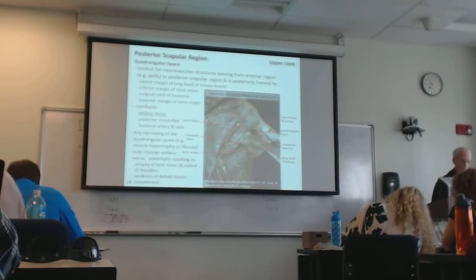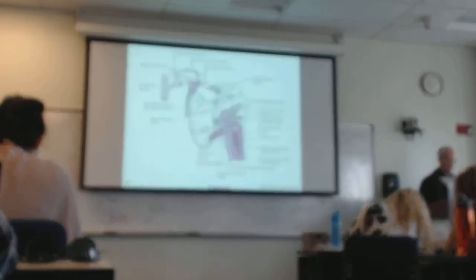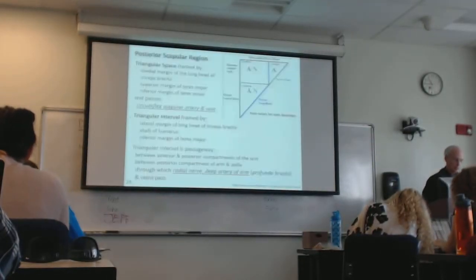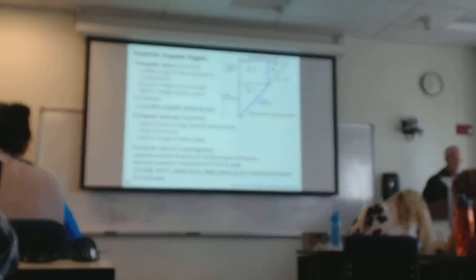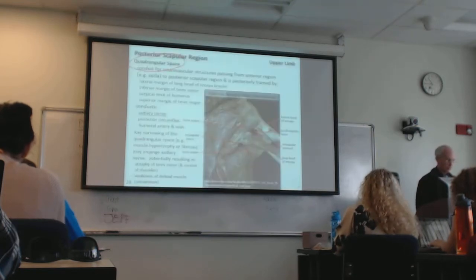The first of these spaces is called the quadrangular space, and as I indicated earlier, I've given you at least 3 or 4 different images showing the same thing here.